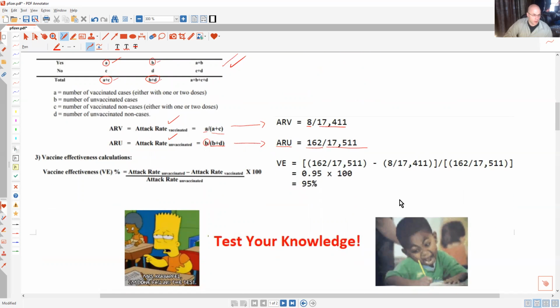The first thing to note here is this formula says effectiveness. And there's a little bit of a difference between efficacy and effectiveness. The efficacy is a term often used to describe what happens in the controlled lab experiment. So what Pfizer did was an experimental design with rigorous controls. Therefore, that 95% would be referred to as efficacy.